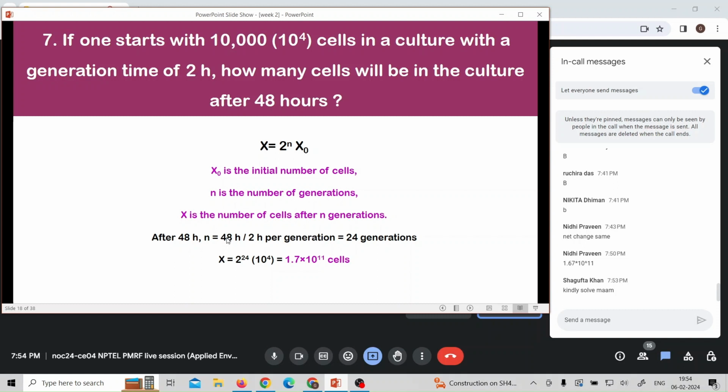Is this clear, or do you have any doubt? I guess it's a very simple problem. So if you have any doubt, you can ask me, or can we move on to the next?